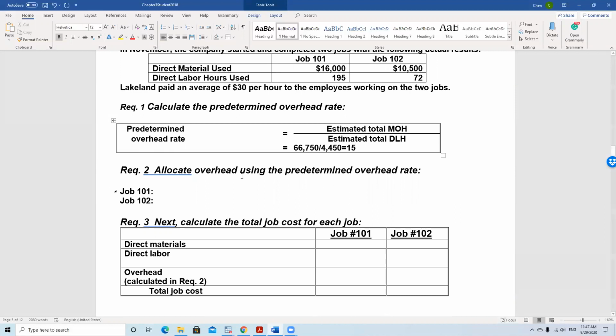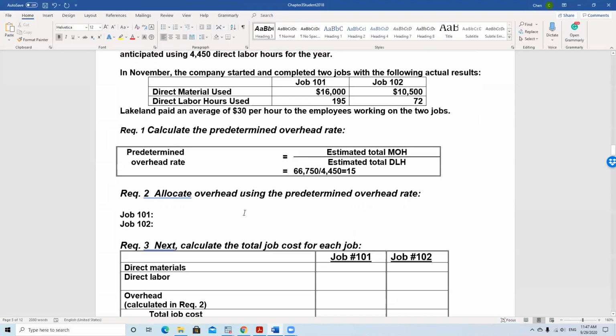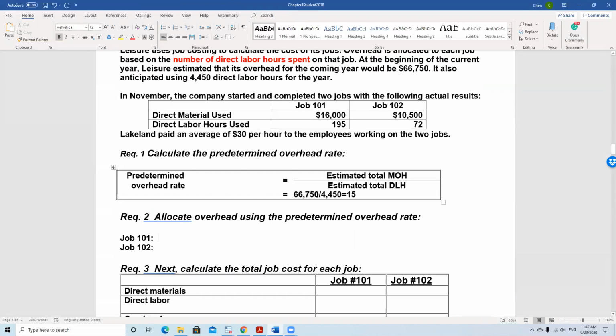Okay, and then we're gonna allocate overhead using the predetermined overhead rate. Do you remember how to allocate overhead? MOH will be equal to predetermined overhead rate times, what is that word? It's actual allocation base. And then if we look at job 101, how many direct labor hours used? 195, correct.